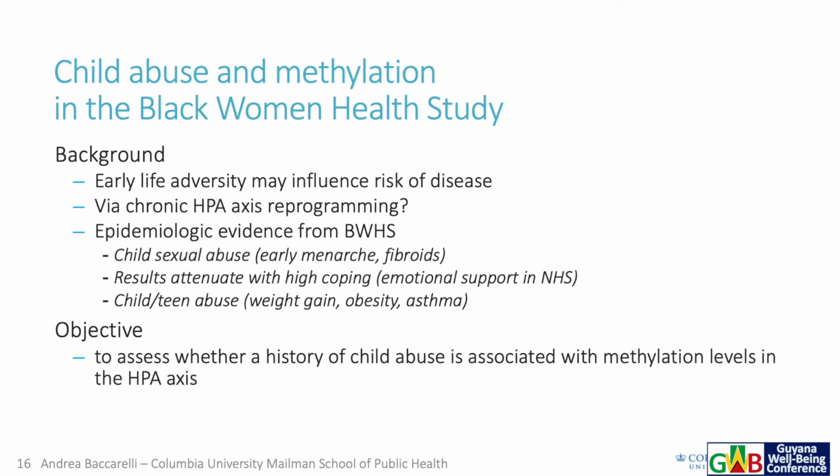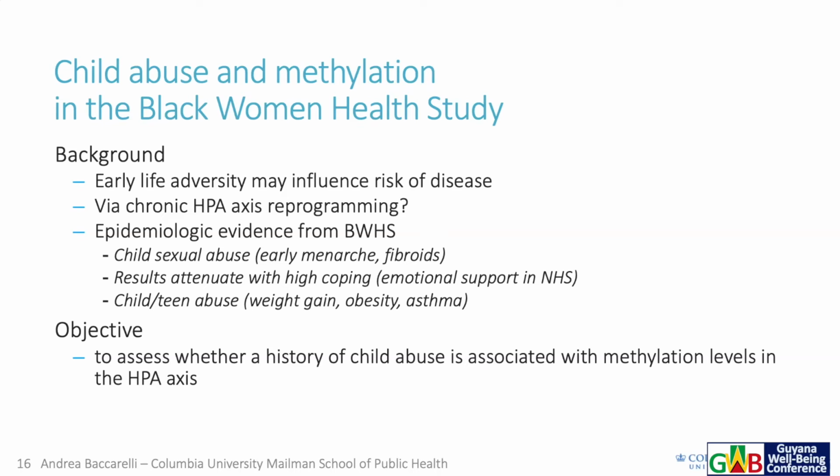Julie Palmer in particular had been working for many years on the Black Women's Health Study, and we set forth to try to understand whether we could translate the rat study I just showed into this study, mostly to assess whether a history of child abuse in early life was associated with methylation levels in the HPA axis.